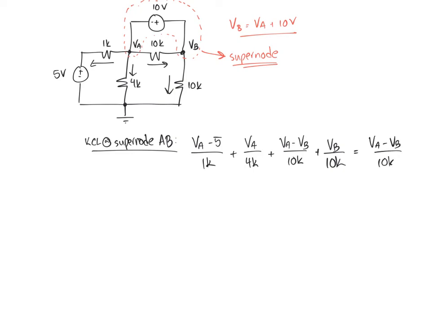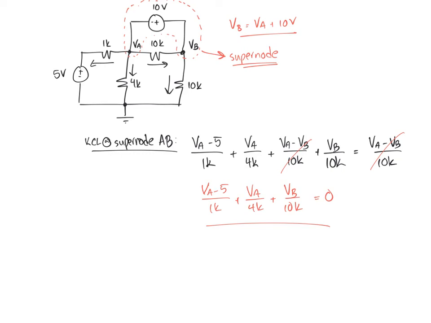Now note in this case, the VA minus VB over 10K shows up on both sides of the equal sign, so they cancel out. And this equation simplifies to VA minus 5 over 1K plus VA over 4K plus VB over 10K equals 0.